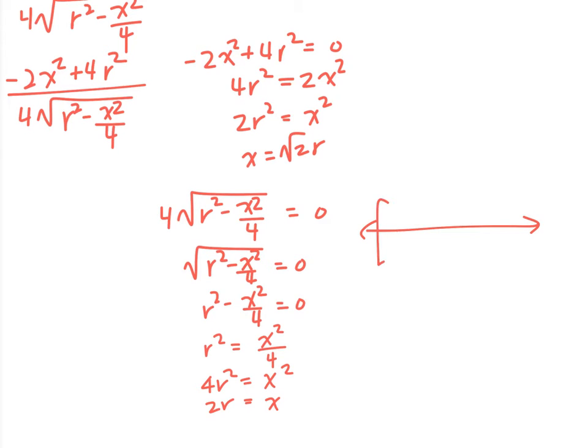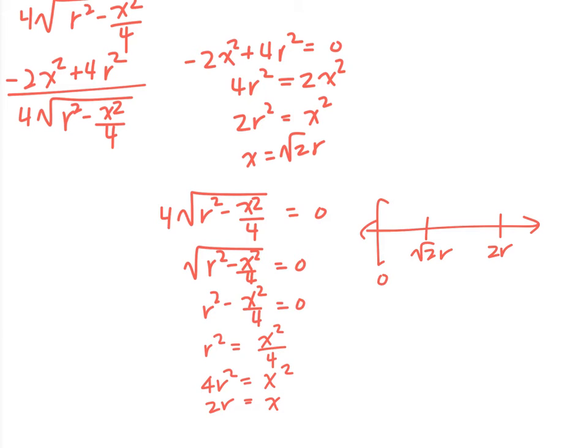Okay, we want the smallest. The smallest number this can be is when it's 0, right? So we just put 0 in there. And then we have square root 2r. And then we have 2r. And that's it.